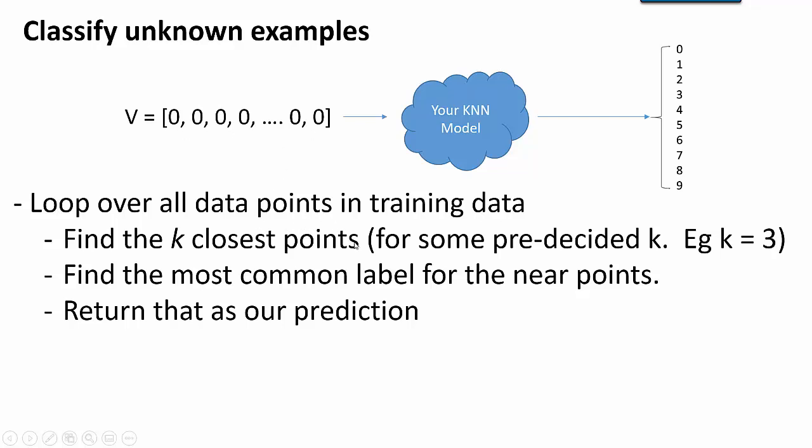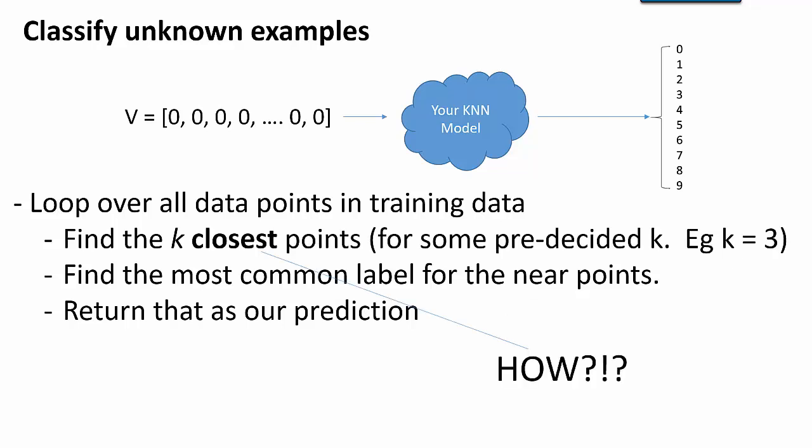We'll look and see what their labels are. If there's a majority vote where one label is most common, that's going to be our prediction for the new unknown example. So if these were two-dimensional data points, we would use the distance formula to find which point coordinates are closest to the input coordinates here.